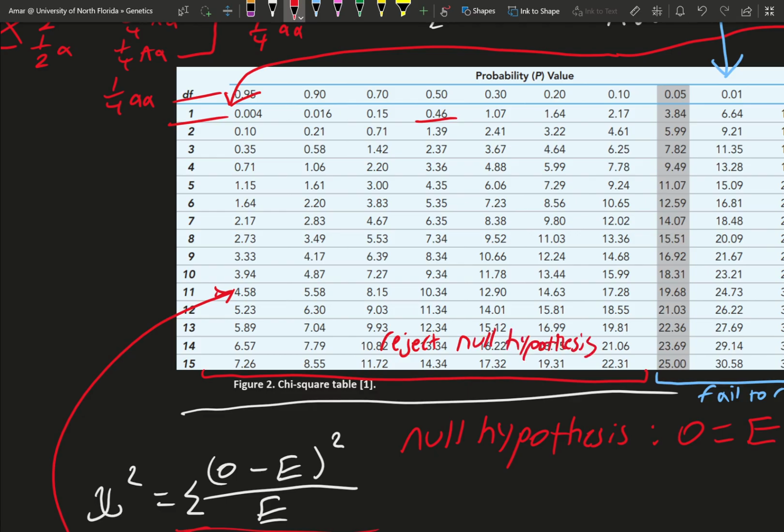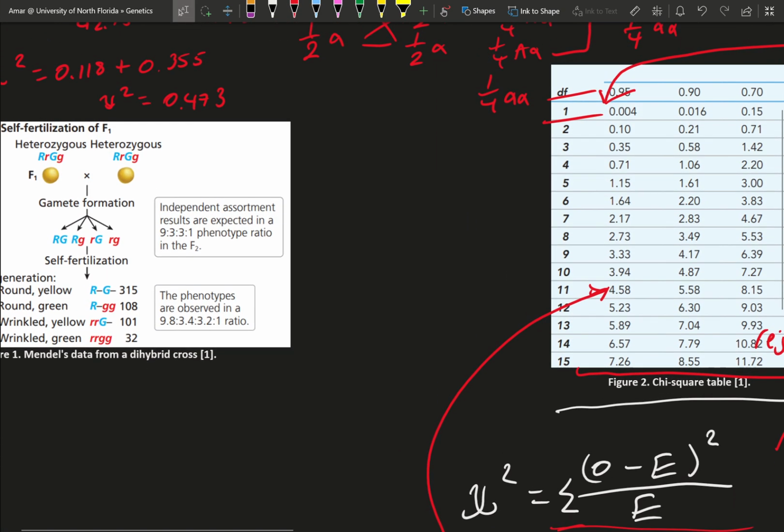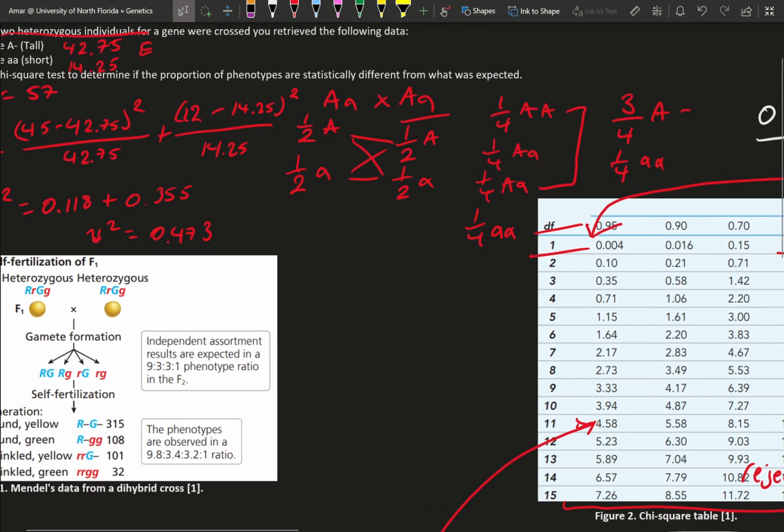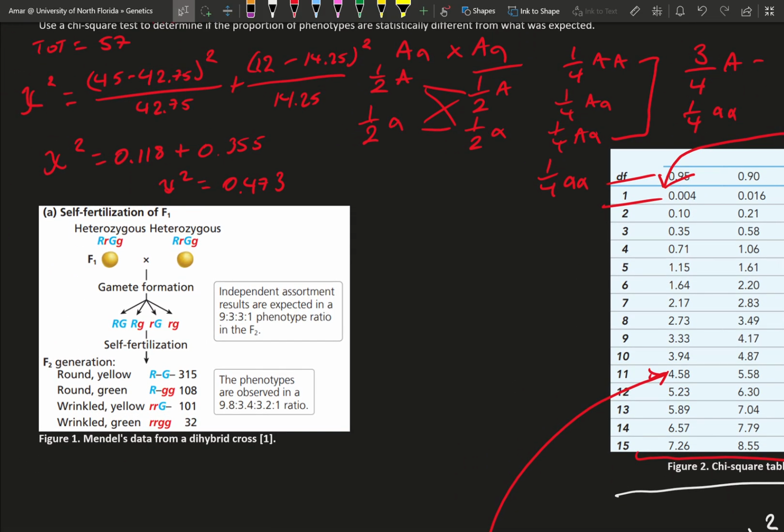So in our problem, we're going to reject the null hypothesis. Something is acting on this population. Hopefully that made a little bit more sense.